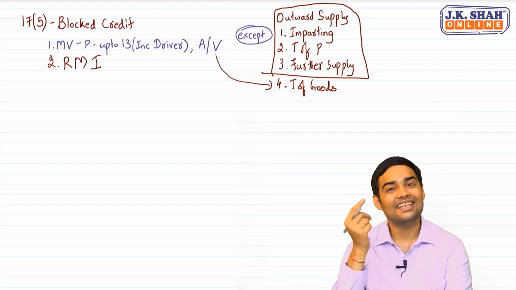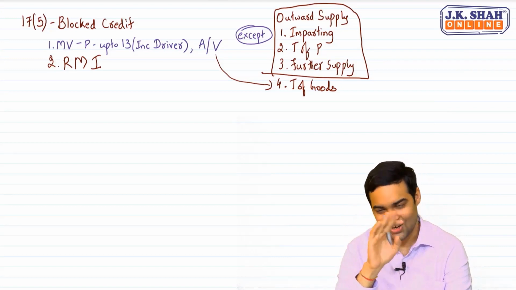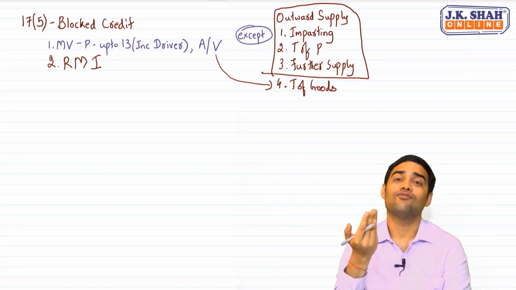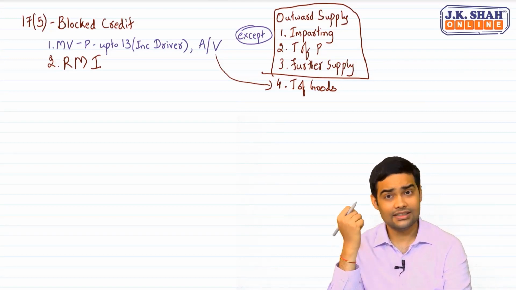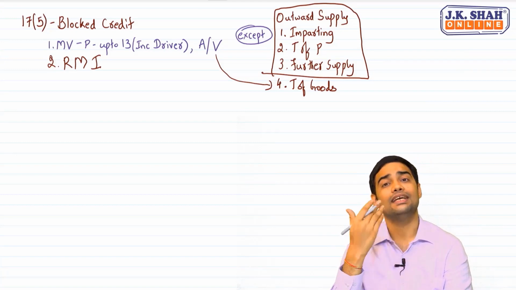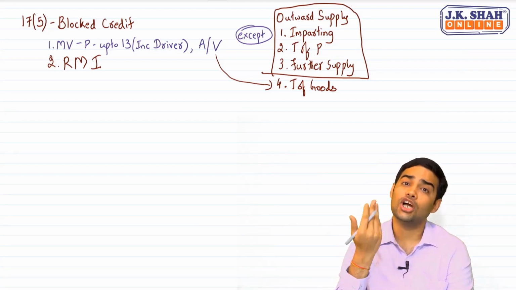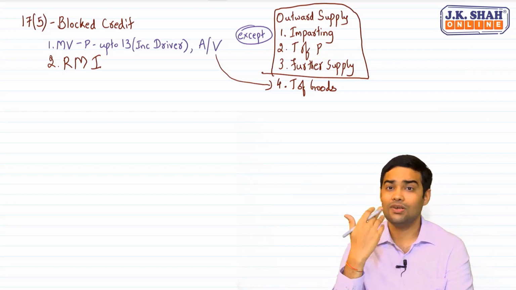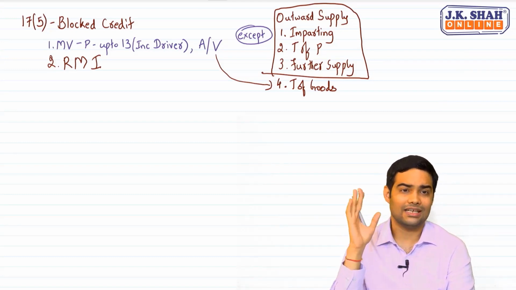Repair, maintenance and insurance of that car, not eligible. But truck purchased by a factory owner, yeah, ITC will be available. Repair of that truck, yes. Maintenance of that truck, yes. Insurance of that truck, yes. ITC will be available. So be very careful about repair, maintenance and insurance.